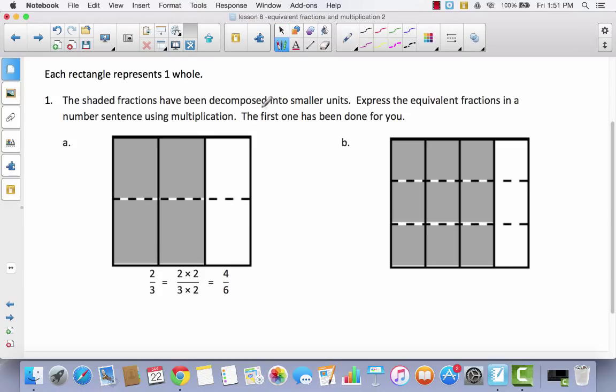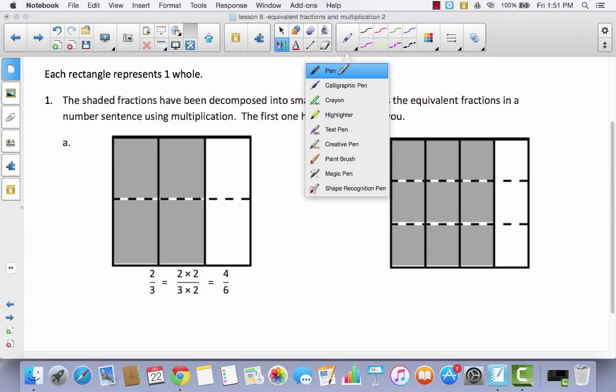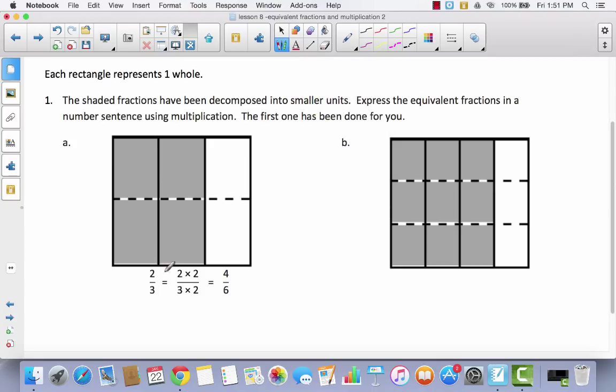The first one has been done for you. So you can take a look and you can see that on the first one, it started out as 2/3, and we multiplied the numerator and the denominator by 2, and we got our equivalent fraction of 4/6. Okay, so this is a good example of what we're expected to do. All right, so we're going to do the same thing over here. We started with 3/4.